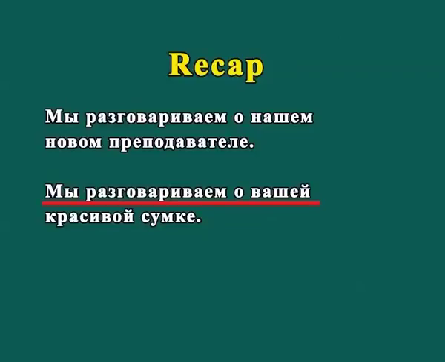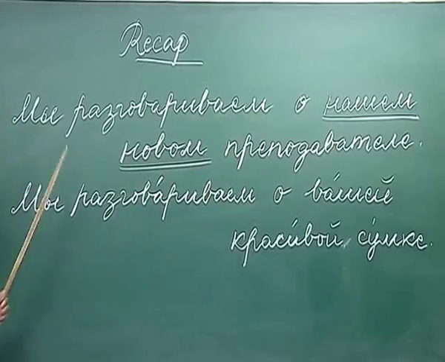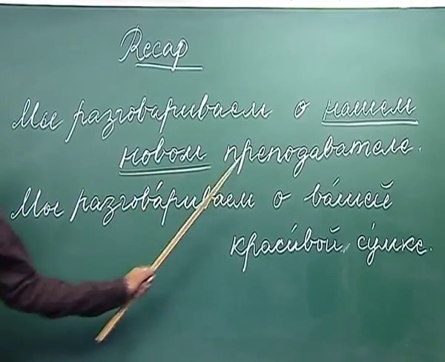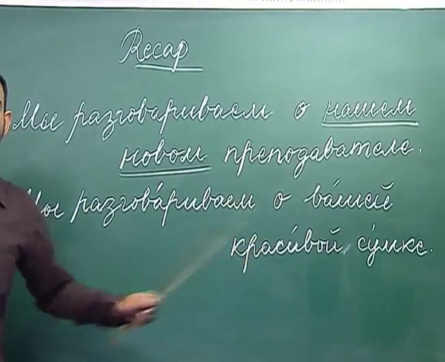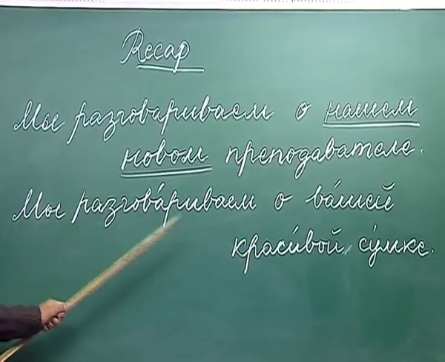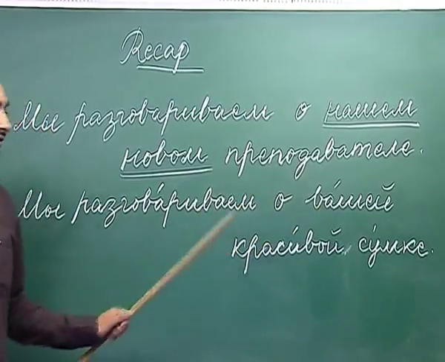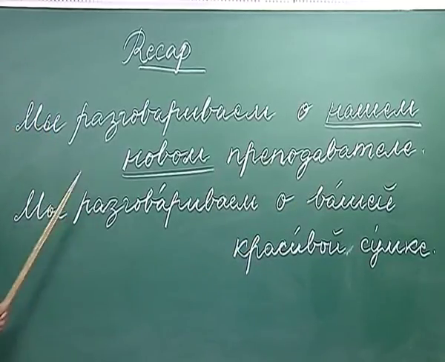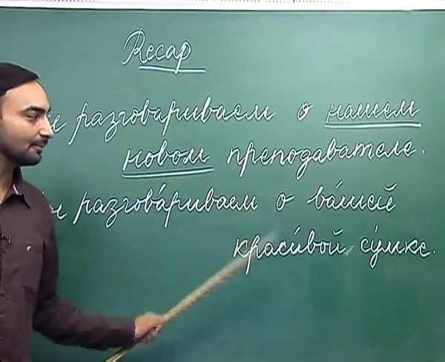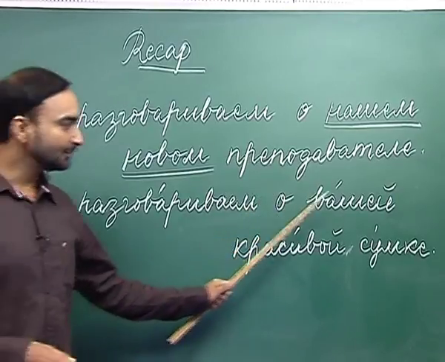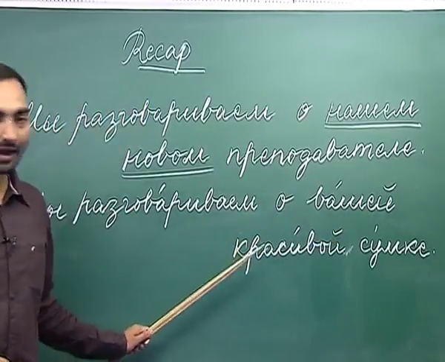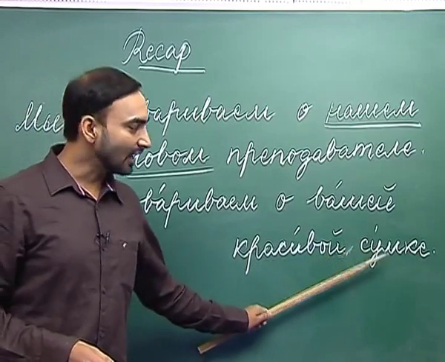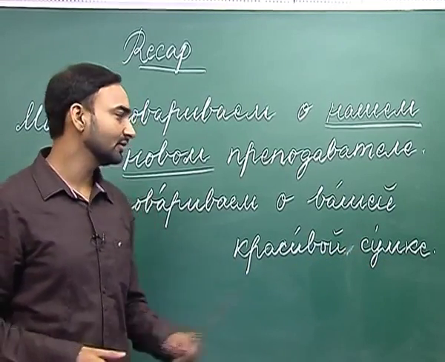We have Мы разговариваем о вашей красивой сумке. We are talking about your beautiful bag. Here the possessive pronoun, adjective and noun are feminine gender.